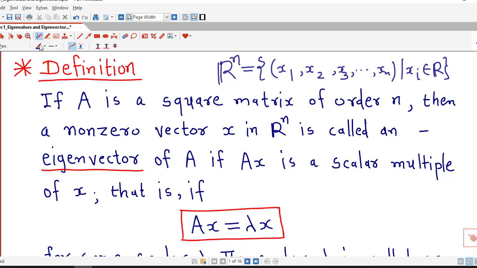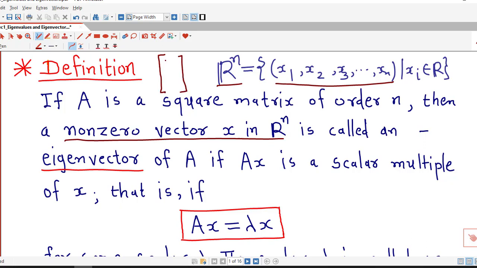So if A is a square matrix, then a non-zero vector x in Rn can be considered as a vector in Rn. We can also write this vector as a column vector x1, x2 up to xn.